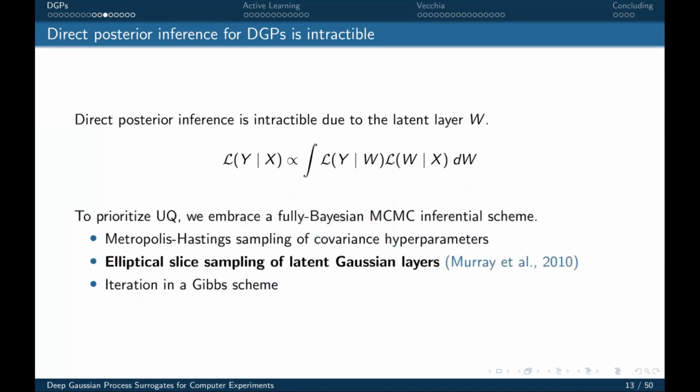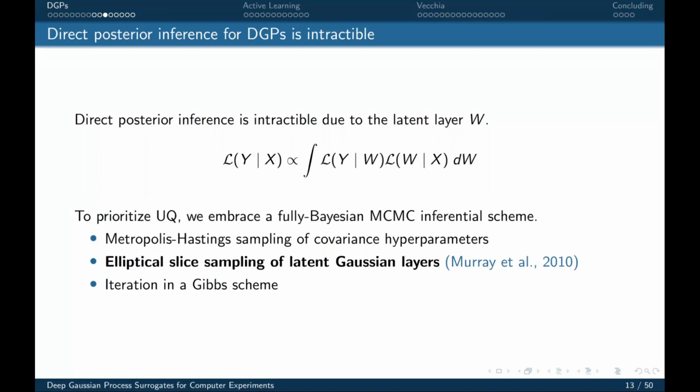The idea that we're going to use is also more modern than was available in 1999. It's elliptical slice sampling, but we are going to be in an MCMC framework. I like MCMC because it gives me good uncertainty quantification. That's important to me when I'm doing my surrogate modeling. Variational inference does not give good estimates of the predicted variance or covariance, but MCMC is great.